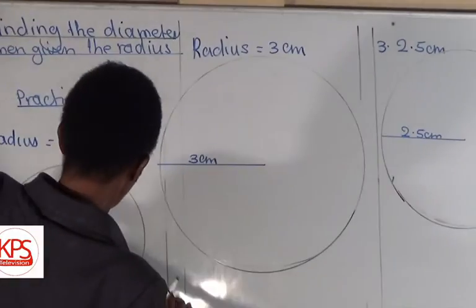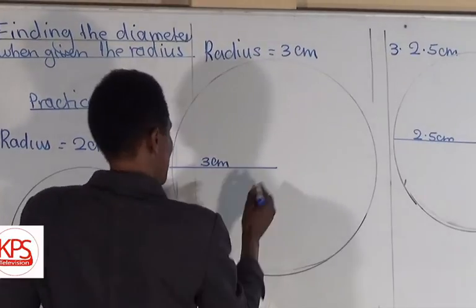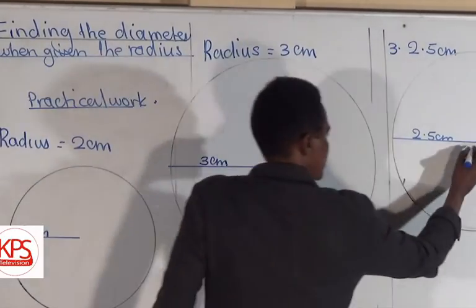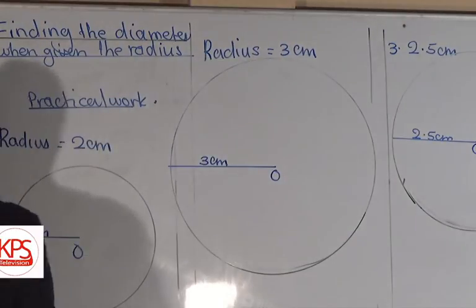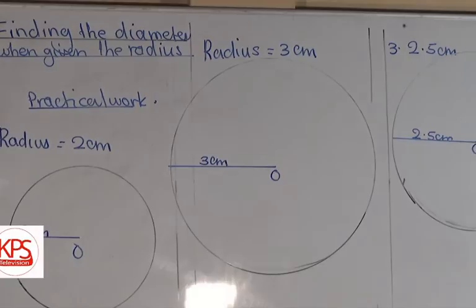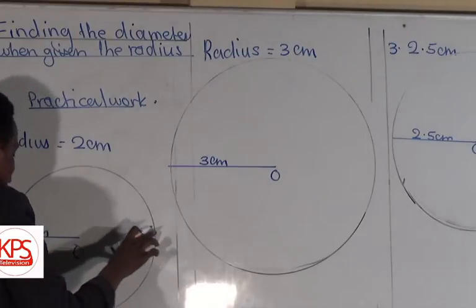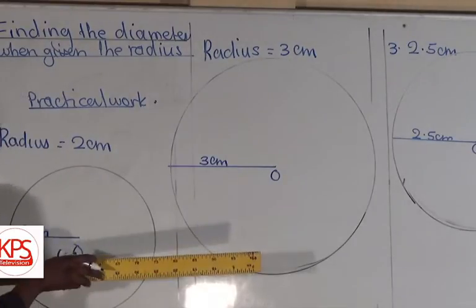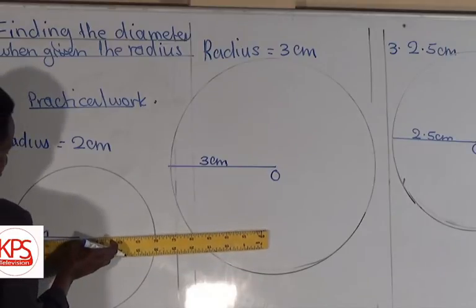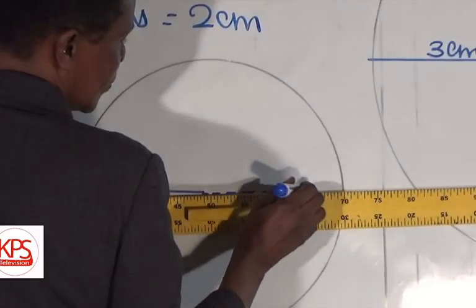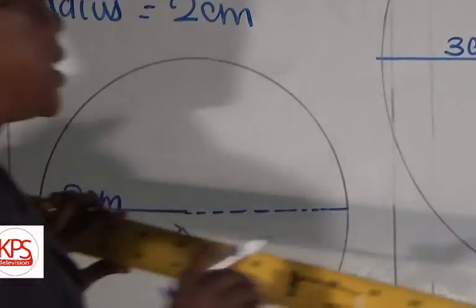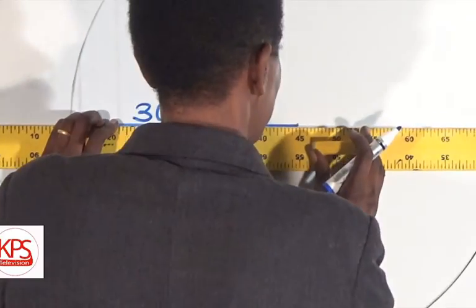Now the remaining part from here, if we connect, this is our center. Now for us to draw this from one part of the circumference to another part of the circumference through the center, we shall have brought in the diameter. There I use the dotted line.